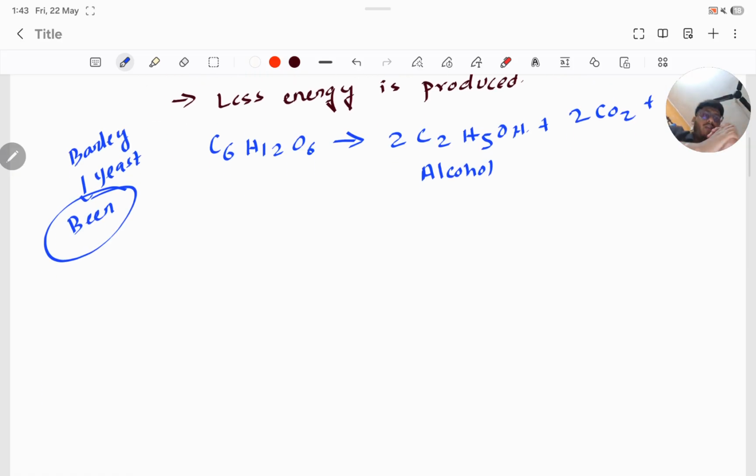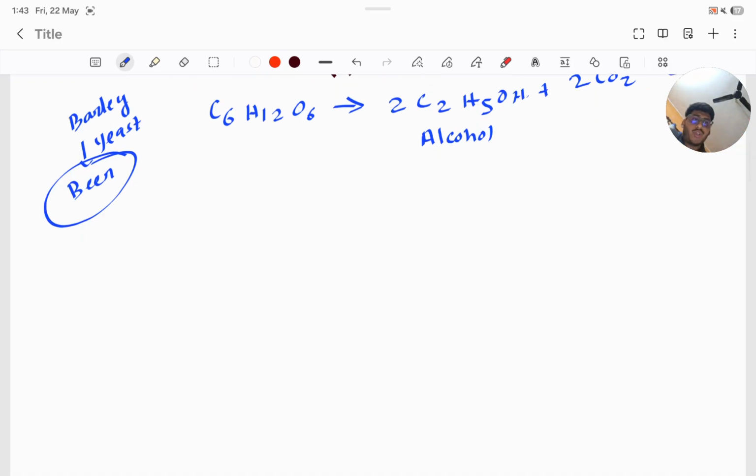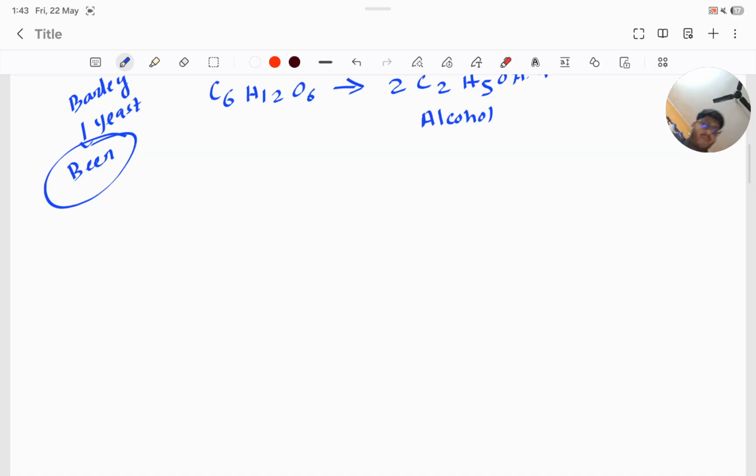We will now discuss the steps of aerobic respiration. In our NEET exam or any other competitive exam, we only focus on the aerobic respiration where the oxygen is required. So what are the steps of aerobic respiration? See, there are two main steps.